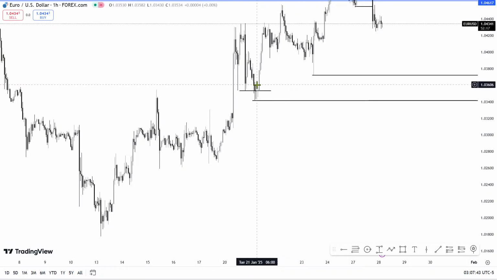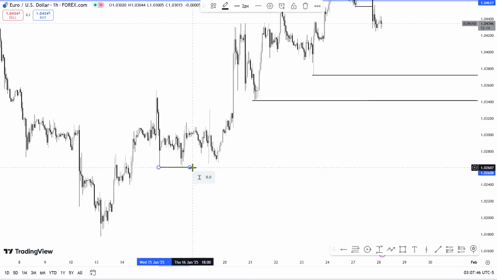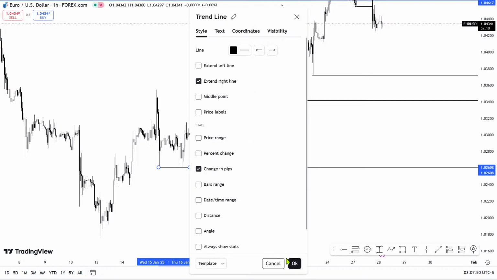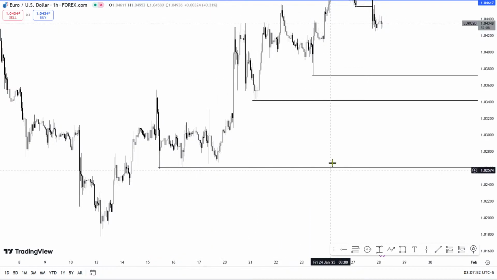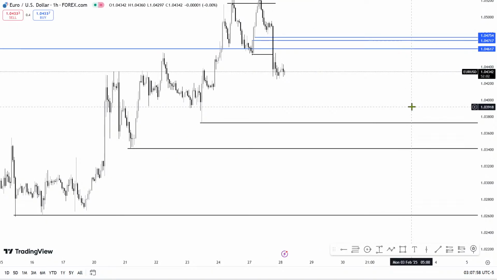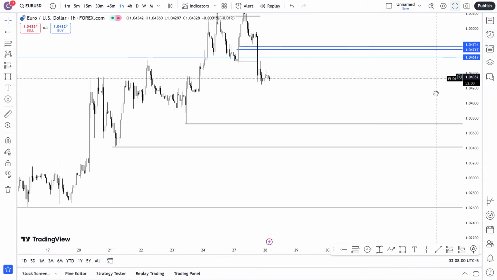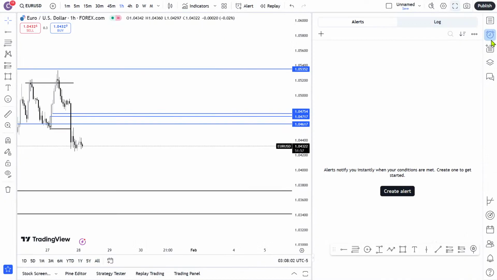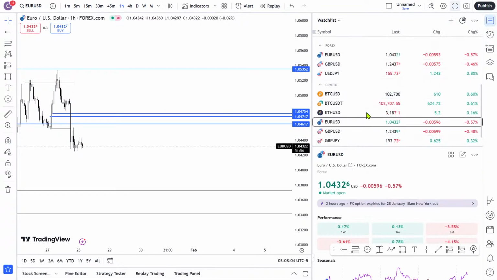And also if you take a look at the relative equal lows here, these are the drawn liquidity levels for me on the Euro USD going into the week and subsequent weeks as well.